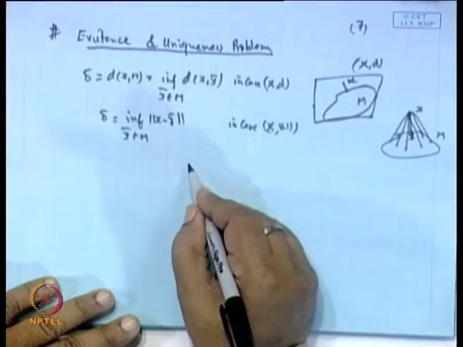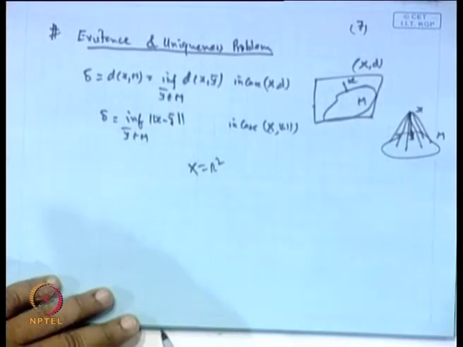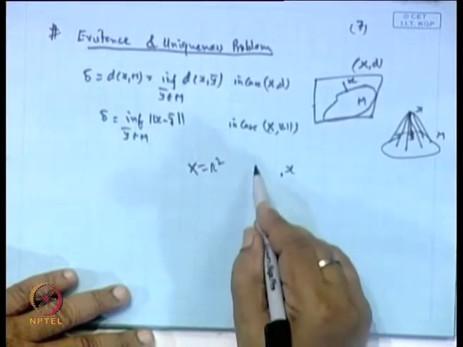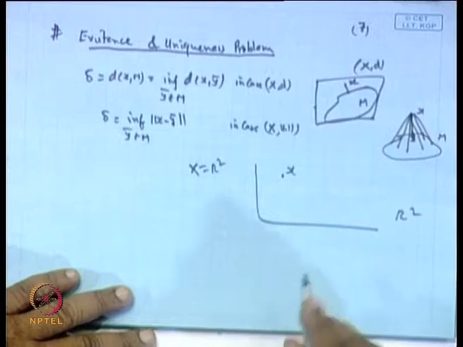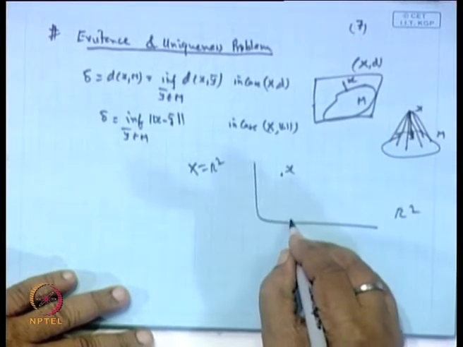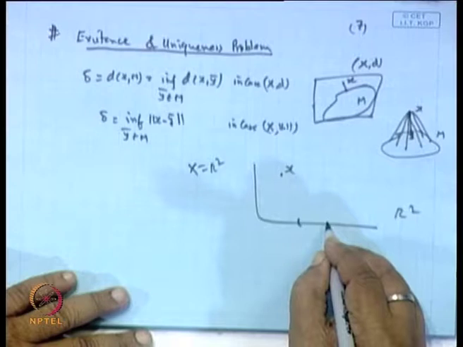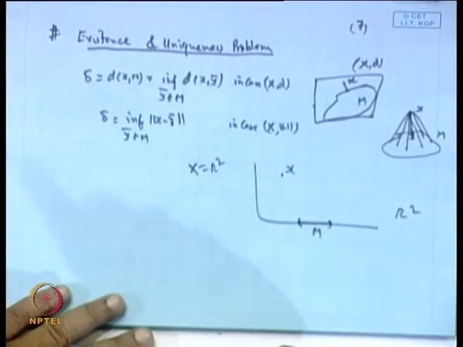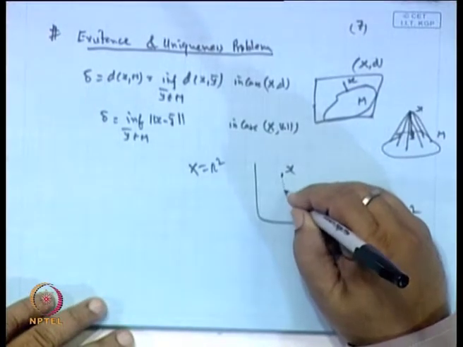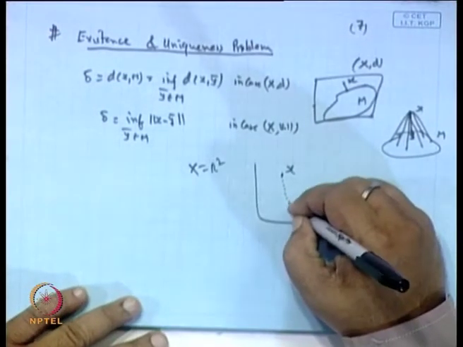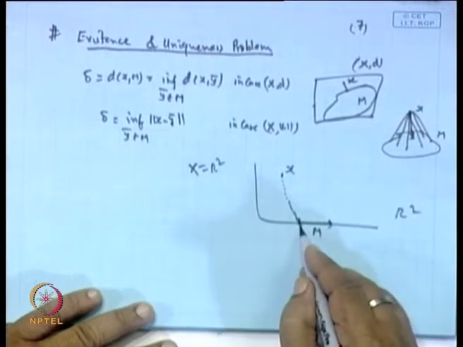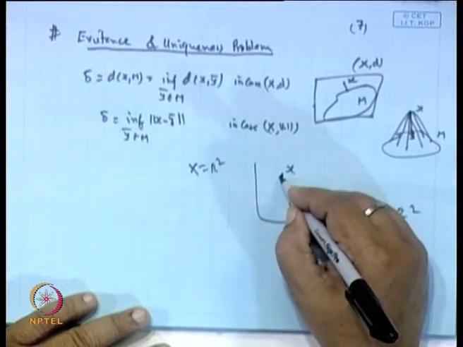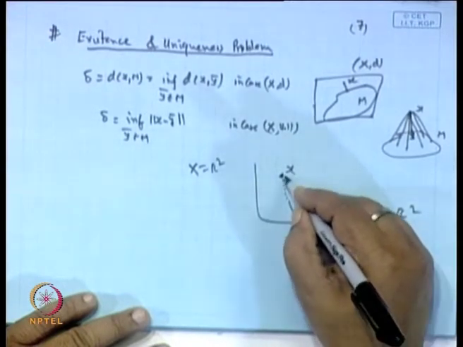For example, if I take X equal to R2, and suppose I take this point X here, and this is our R2 space. Let us pick up this M, this line. Now, if I draw this, then this will be the shortest distance. If this is an open interval, you cannot achieve this point, whatever value you get, it is only approaching.